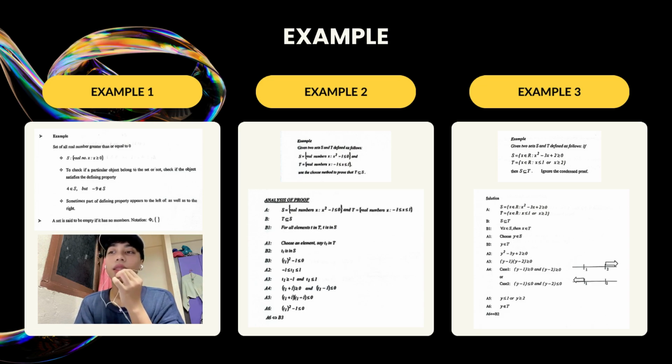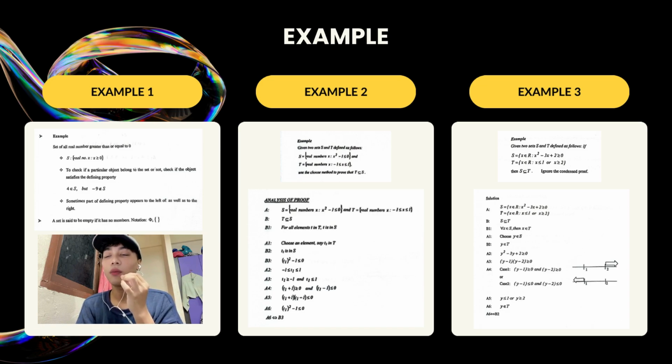B, T is a subset of S. B1, for every element t in T, t is in S. A1, choose an element, say t1, in T. B2, t1 is in S. B3, t1 squared minus 1 is less than 0. A2, negative 1 is less than t1 less than 1.